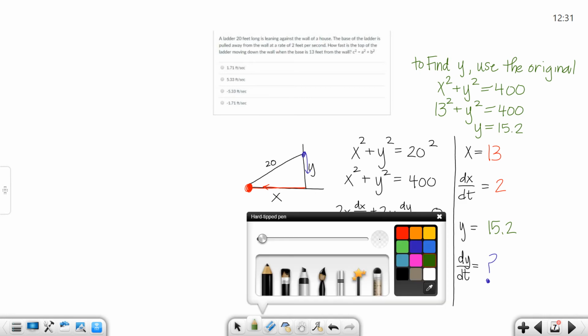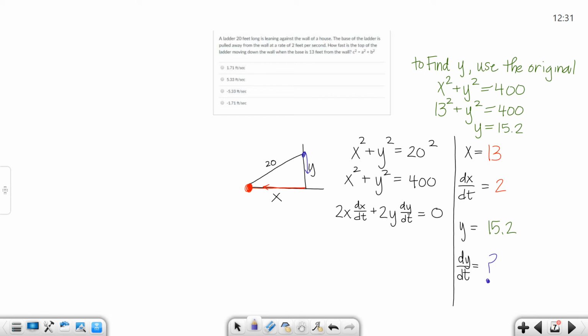Now then, all of my unknowns are there except the one I need solving for. So let's plug in what we know. 2 times 13 times 2 plus 2 times y, which is 15.2, dy/dt equals 0. Thirteen times 4 is 52.